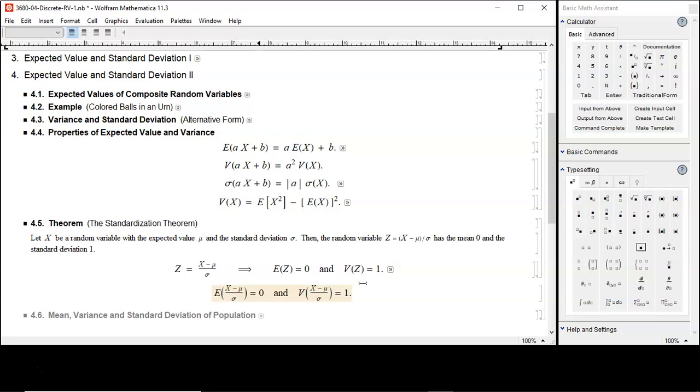Same thing. So this is a manipulation that will get a new random variable closely related to X, but with nicer properties. The mean is 0, expected value is 0, and the variance is 1.